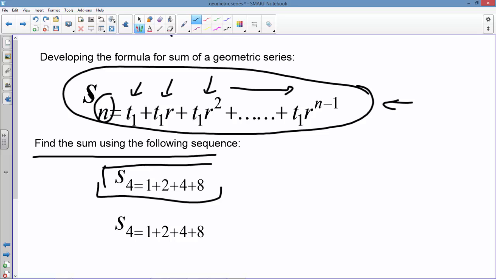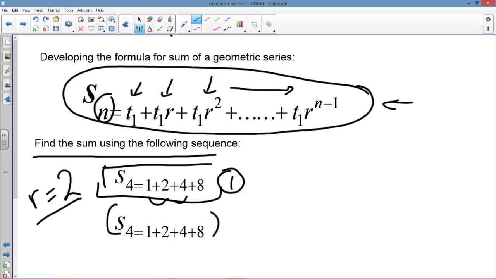So if we have the sum of 4 terms, say we label this as equation 1. Now I'm going to times this by the common ratio. So in this case, the common ratio is 2, right? Because each time it multiplies by 2.